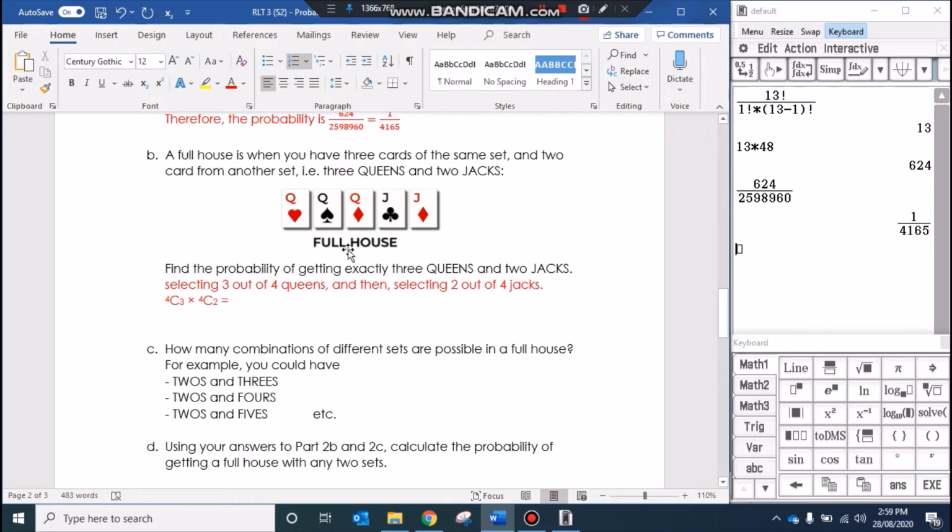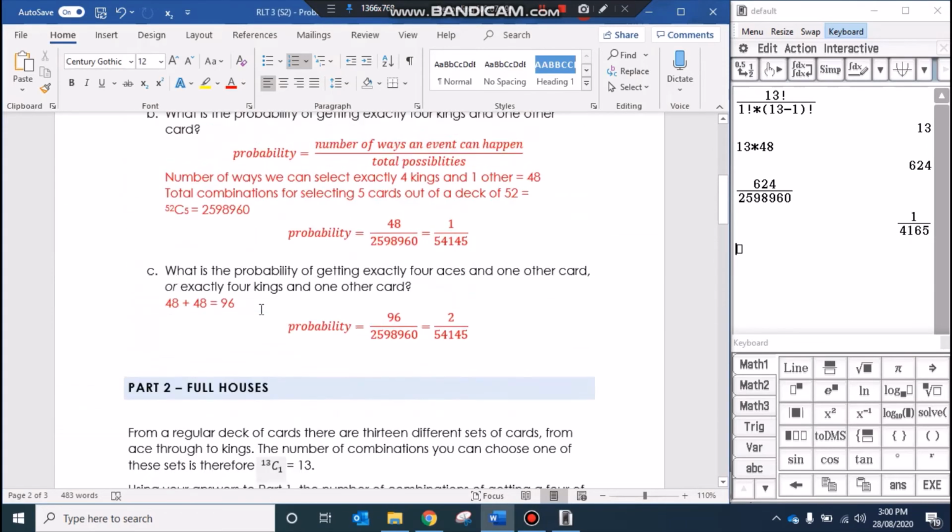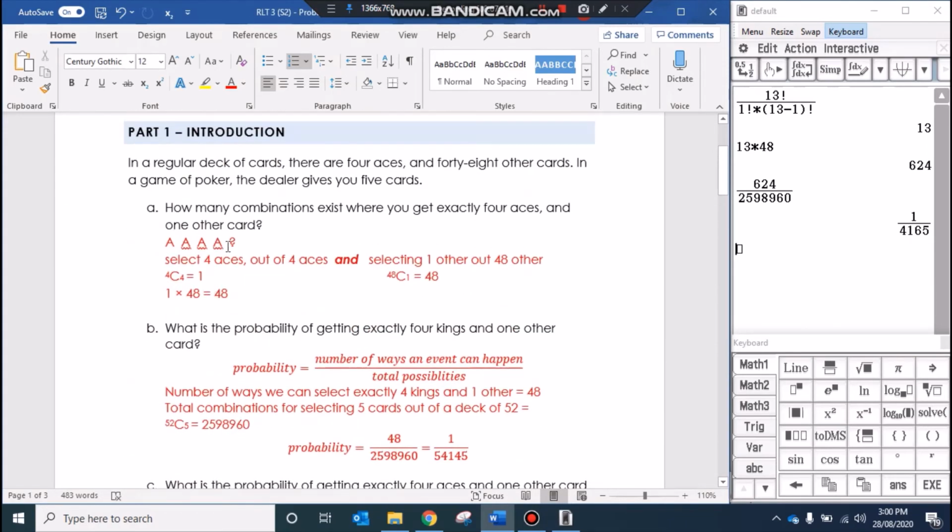So this looks slightly more complicated than what we were doing before, but it's essentially the same logic and the same calculation. In these examples here, we were choosing 4 aces and 1 card that was any other card. So we had 4 aces.